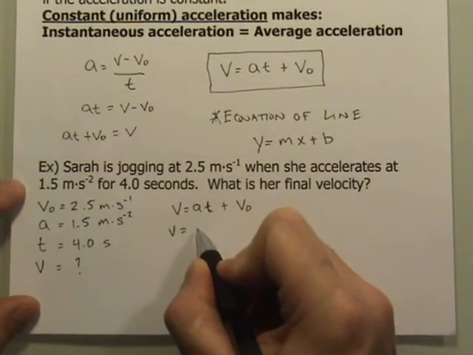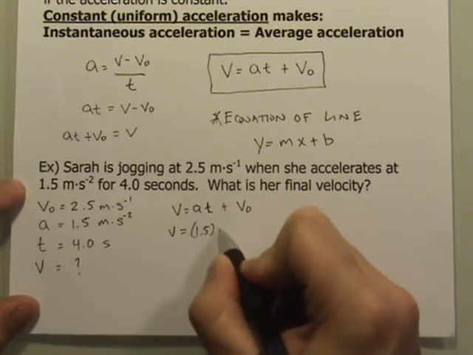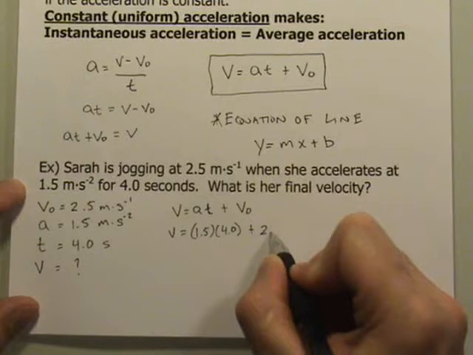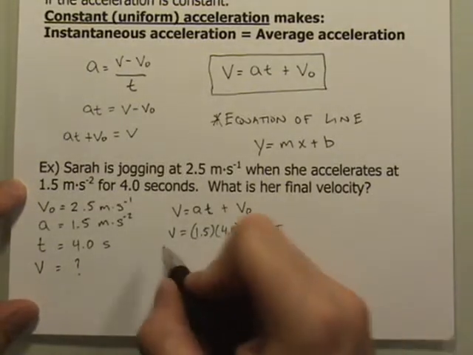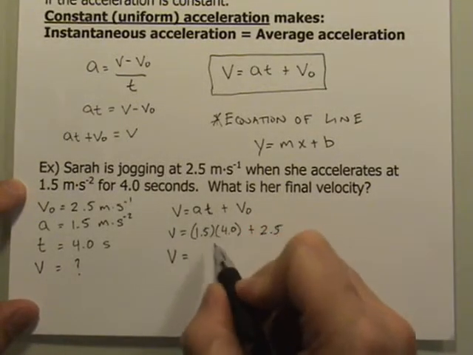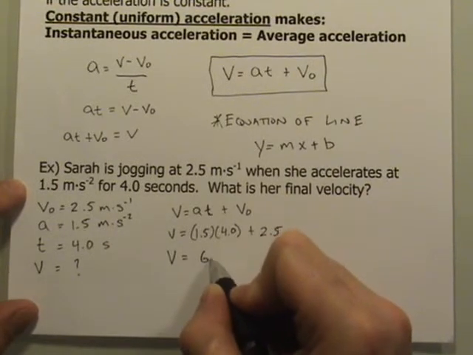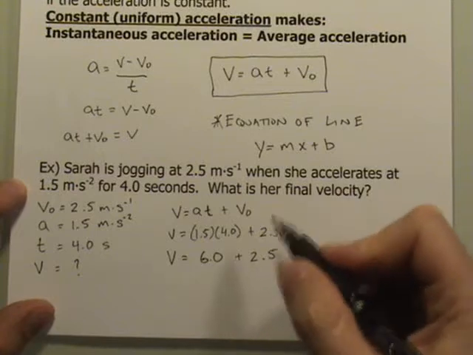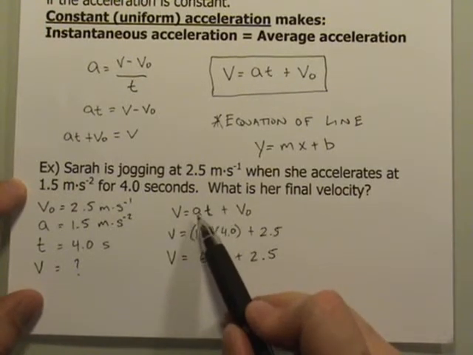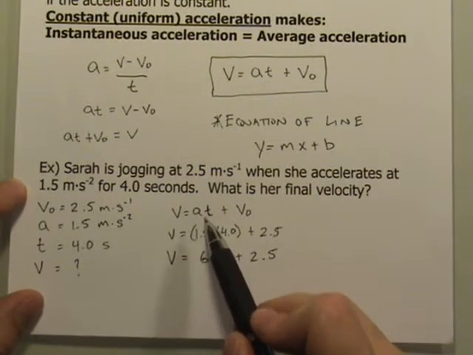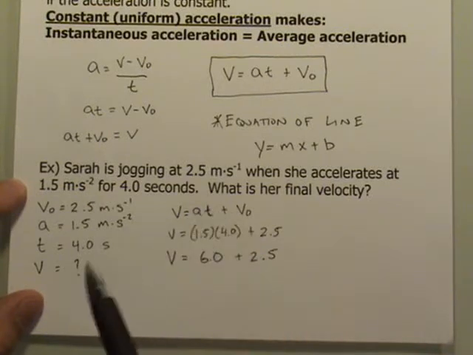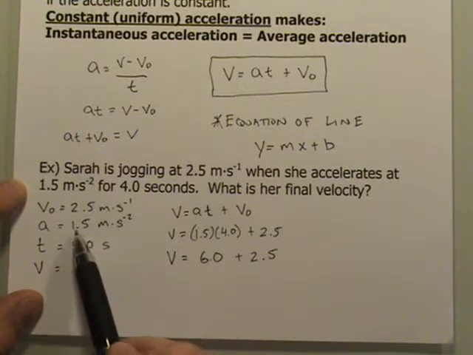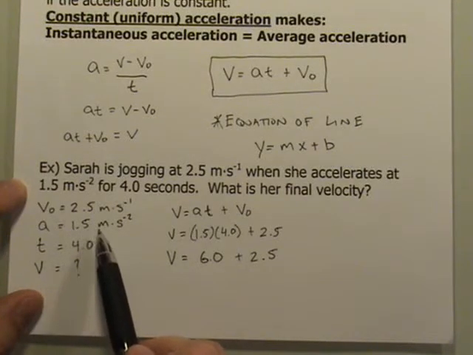So we're going to plug in the acceleration of 1.5 times 4.0, and we'll add that to the original 2.5 that we started with. So in this case, 1.5 times 4.0 will give me 6.0 plus the original 2.5. So what essentially multiplying a times t is going to give me is it's going to tell me how much the velocity increased by. Every 1 second of motion, I will increase my speed by 1.5 meters per second.